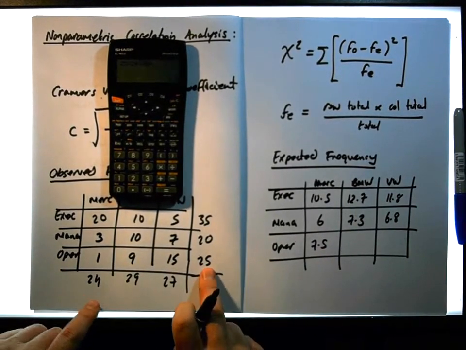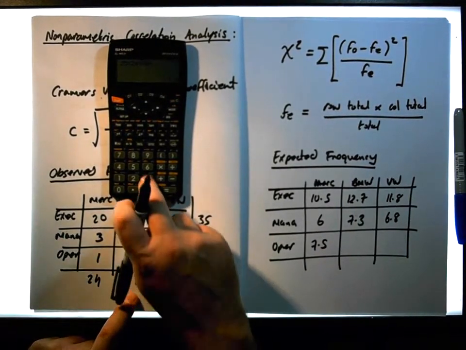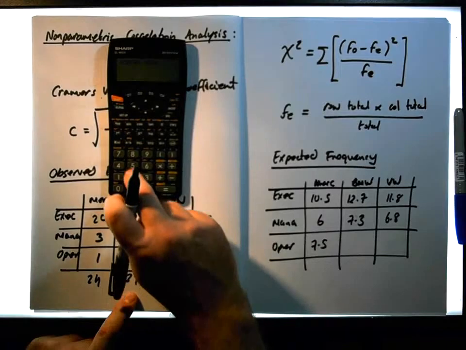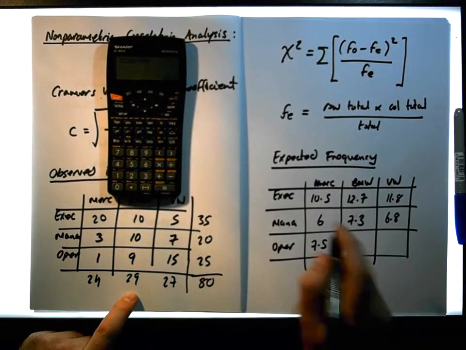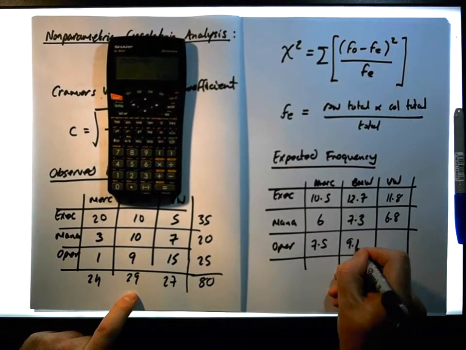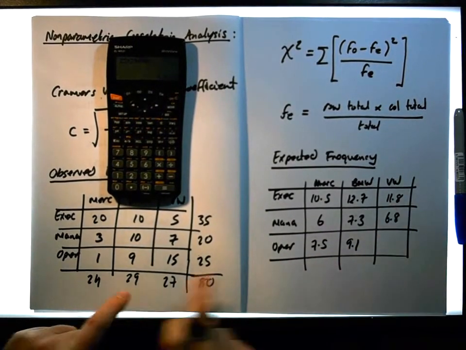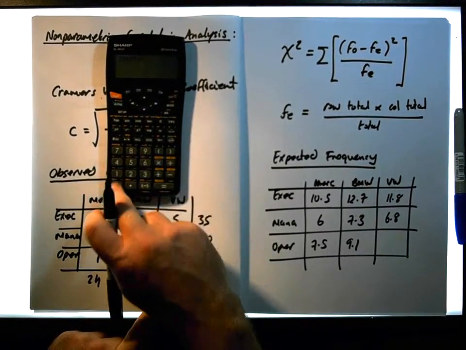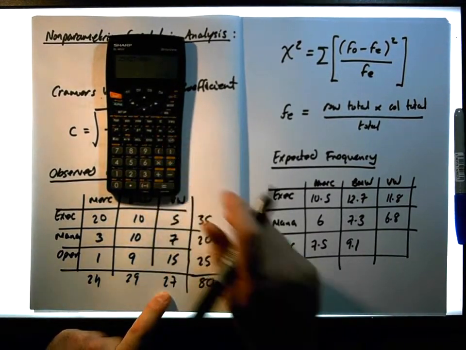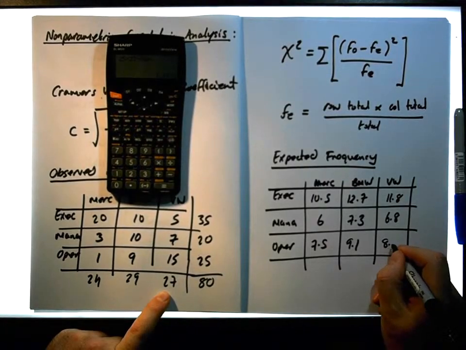So third row is 25, second column is 29, so it's 25 times 29 divided by 80, which gives us a value of about 9.1. And finally, we have the third row, third column, 25 times 27 divided by 80, which gives us a value of 8.4.